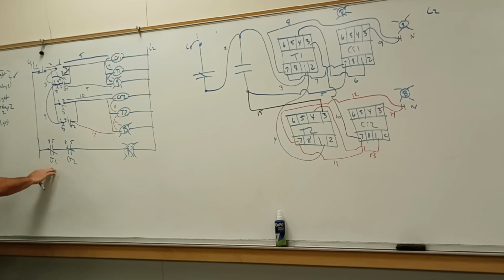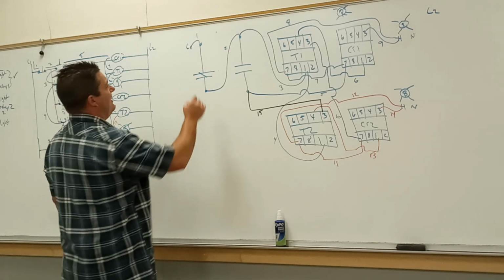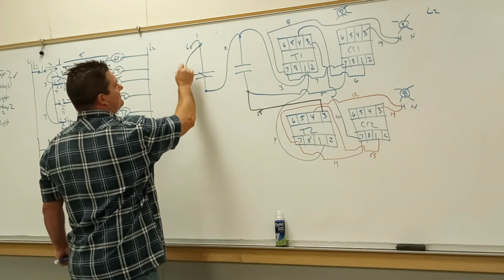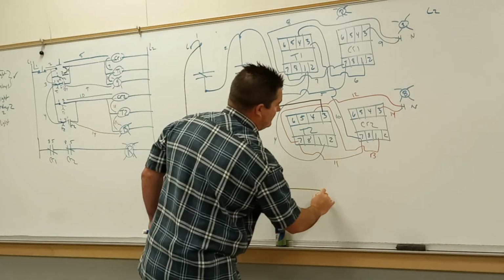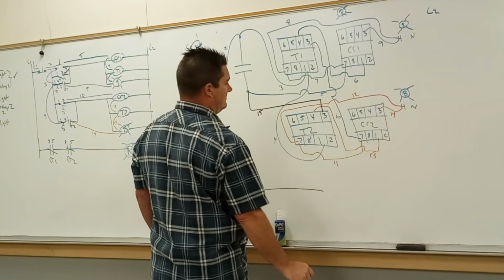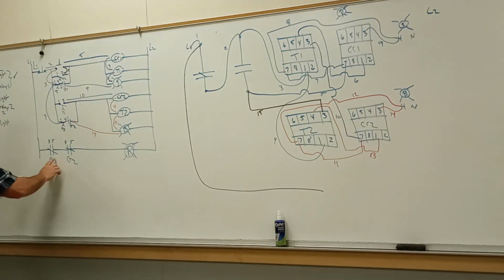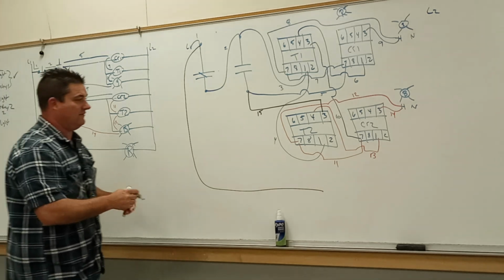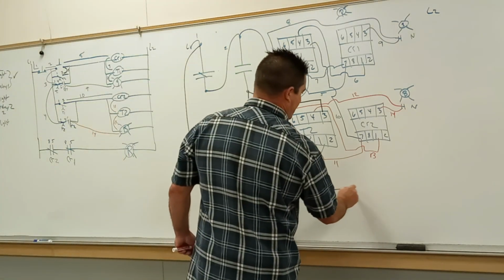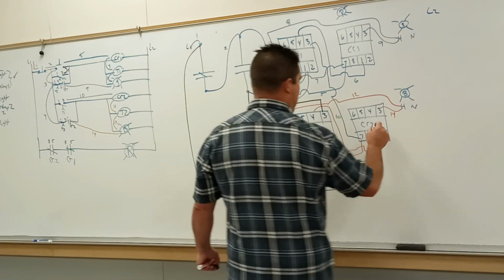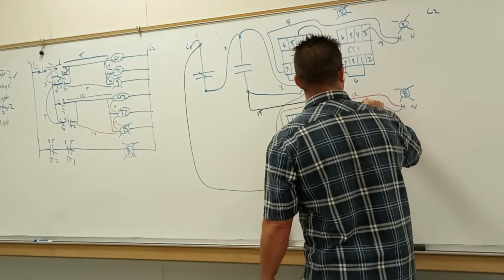L1 power through CR1 through CR2 to get up to your red light. L1 power. I'm going to change this, make this better. I just flipped them. It doesn't matter because they're in series and I don't want it to go everywhere. In to the 8, out of the 5.